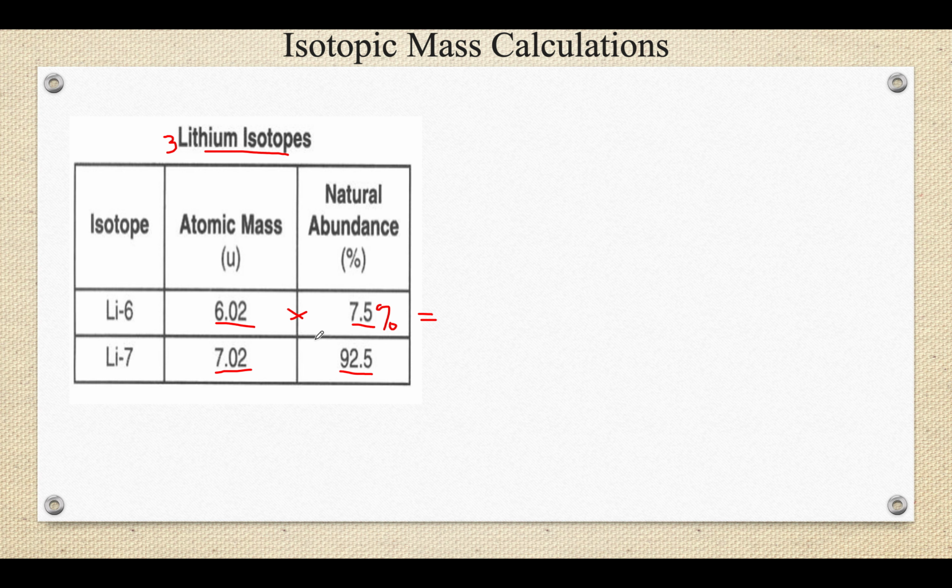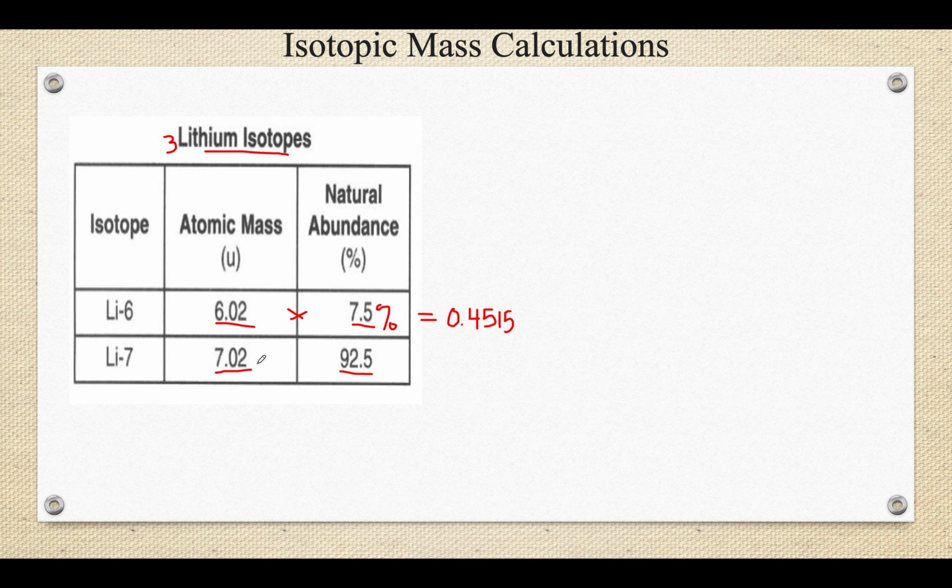So 6.02, I'm going to enter this into my calculator, times 0.075 equals 0.4515. And we're going to ignore significant figures for the time being.